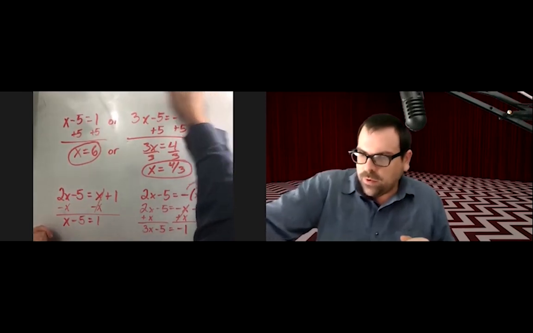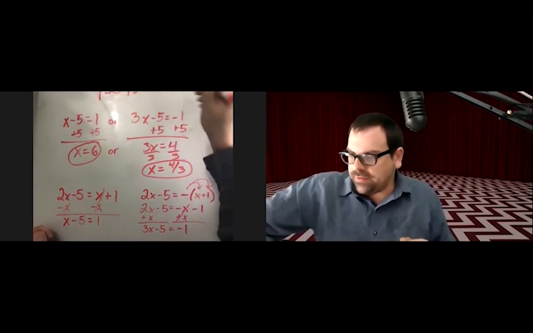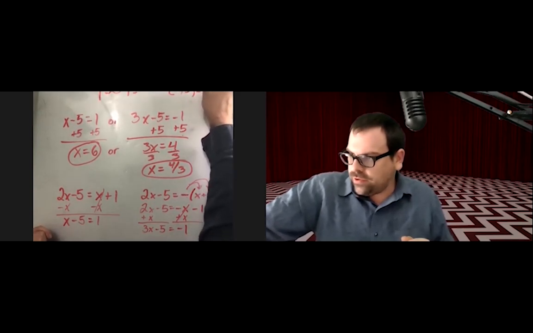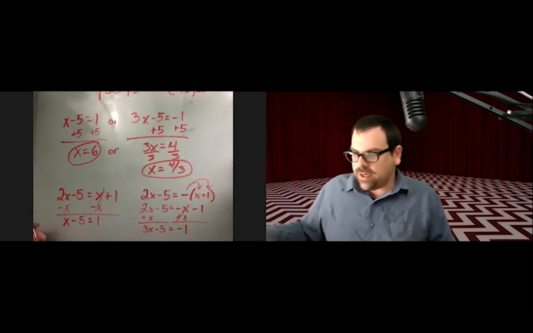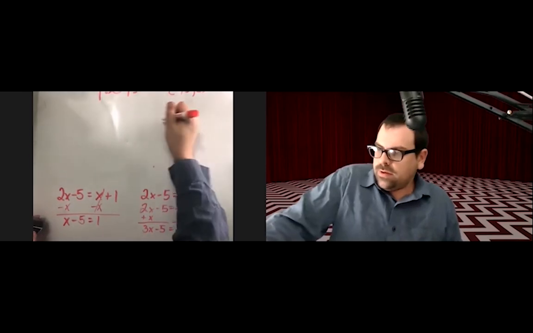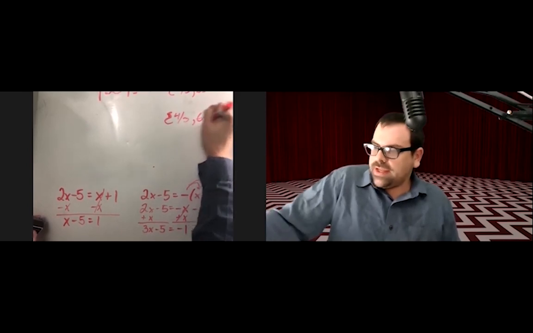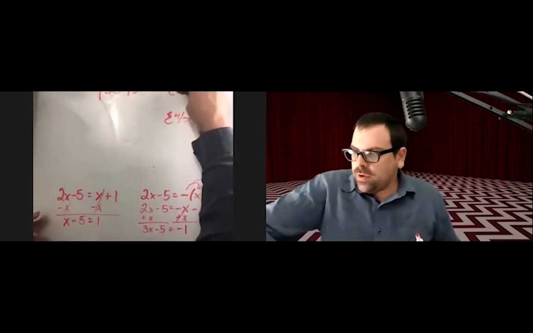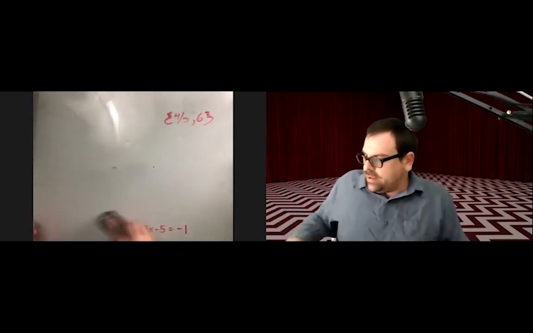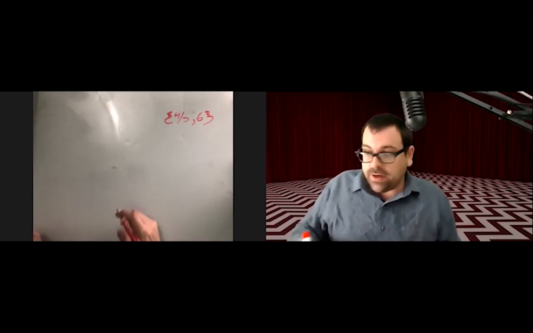Doing it this way, where we had absolute value equals the rest of the stuff, we got a solution set of 4/3 and 6 when we had the absolute value on the left. You don't have to do it both ways. This is still me showing you, hey, it really doesn't matter.